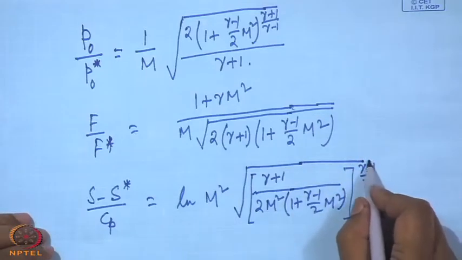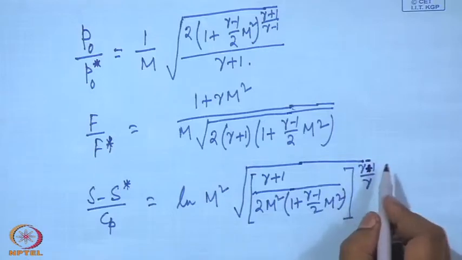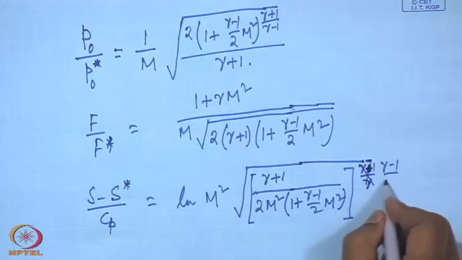Sorry, gamma minus 1 by gamma. More clearly, gamma minus 1 by gamma.